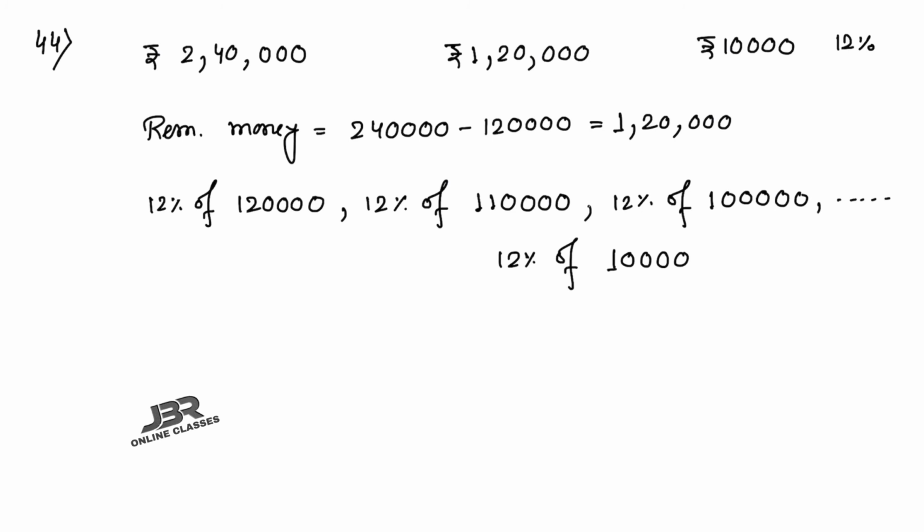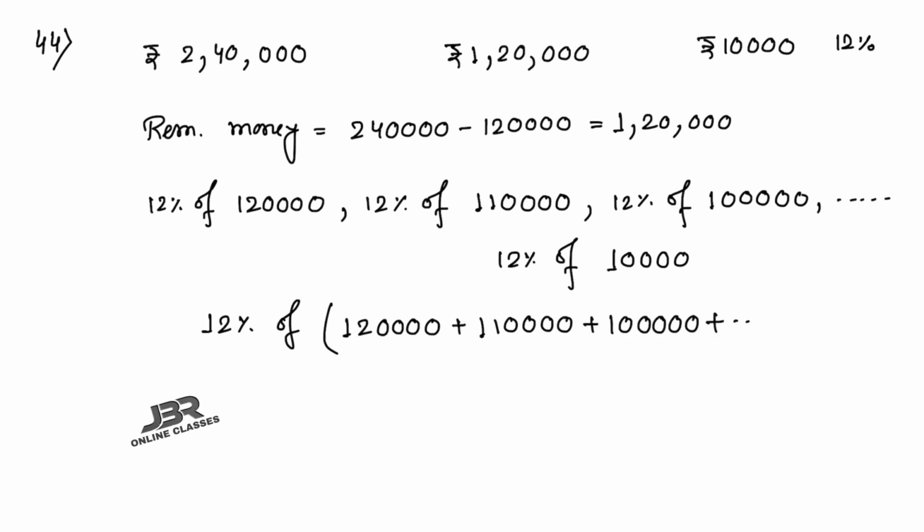So here the total interest paid by Kumar, that one will be the addition of this one. Okay, and here 12% is common, so you can write down in this way 12% of the first one will be 1,20,000. Okay, second one will be here 1,10,000, then here 1 lakh, and dot dot dot, the last one will be here 10,000.